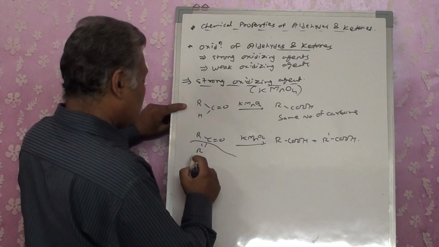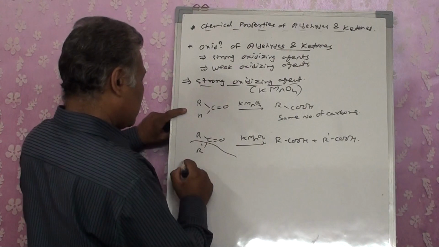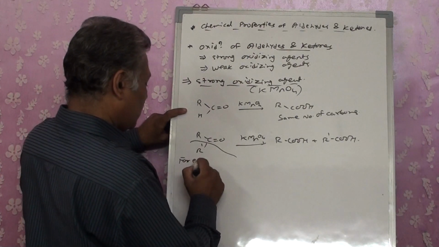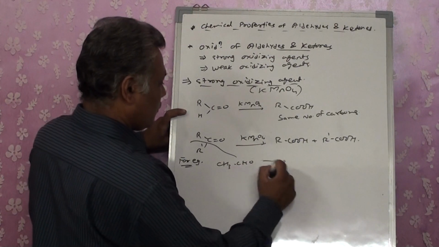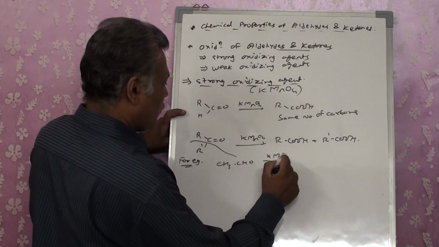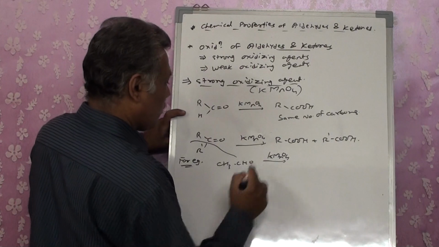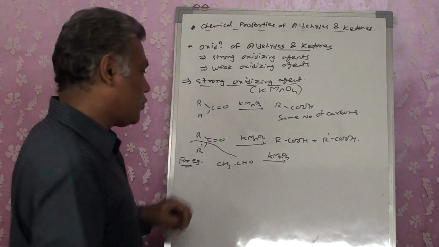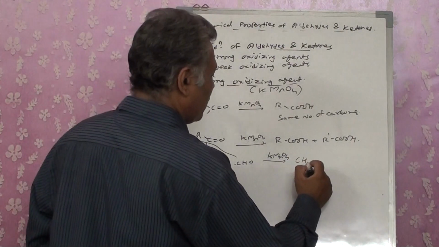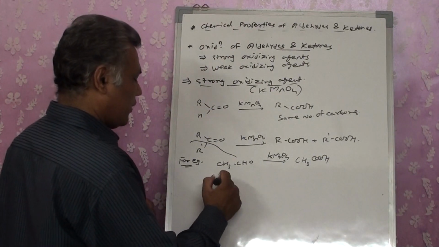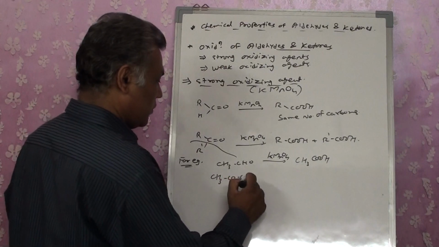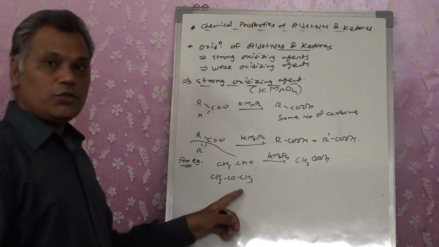Let's see an example for aldehydes as well as ketones. For example, if I write CH3CHO with KMnO4, with 2 carbons, the product I am going to get is CH3COOH. But in place of that, if I take a ketone, now this has 2 identical R groups.